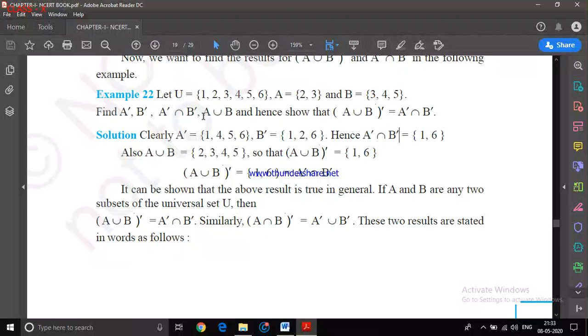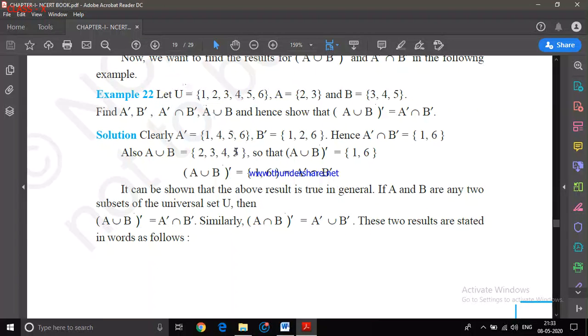Next one is you have to find A union B. A union B means the elements of A and B together. A has 2, 3, B has 3, 4, 5. So A union B is 2, 3, 4, 5. Now what is its complement?